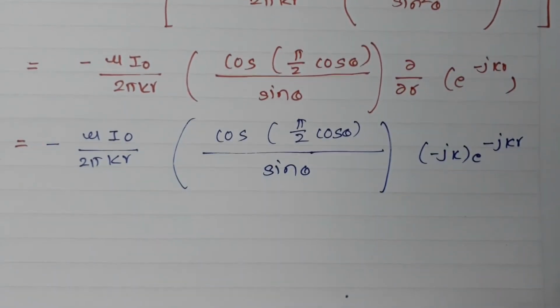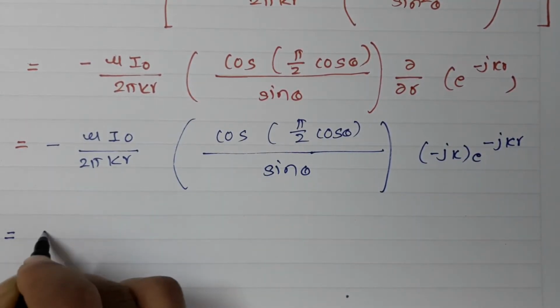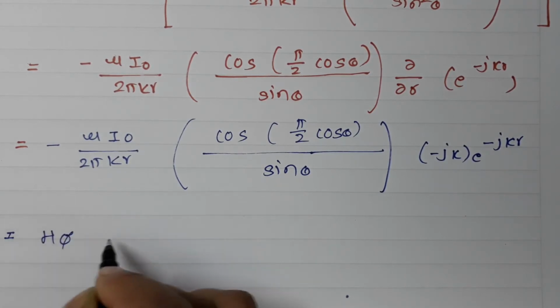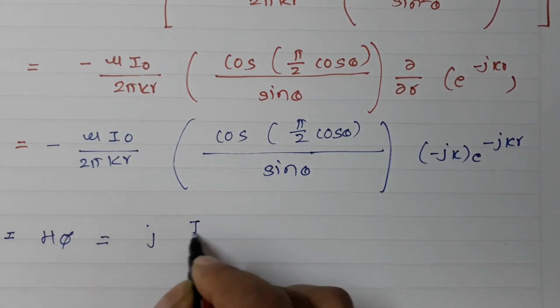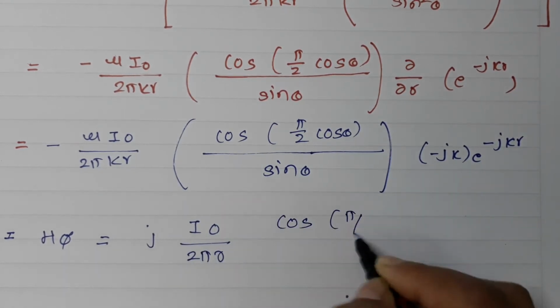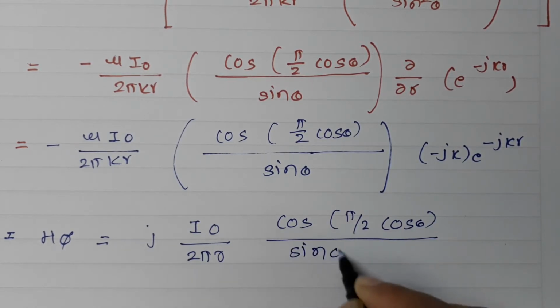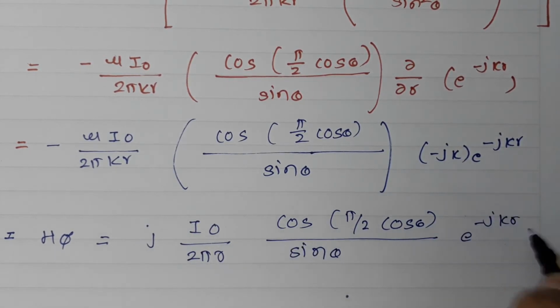Now further solving this equation, I'll get h phi is equal to j I0 divided by 2 pi r cos of pi by 2 cos of theta divided by sine theta e raised to minus jkr.